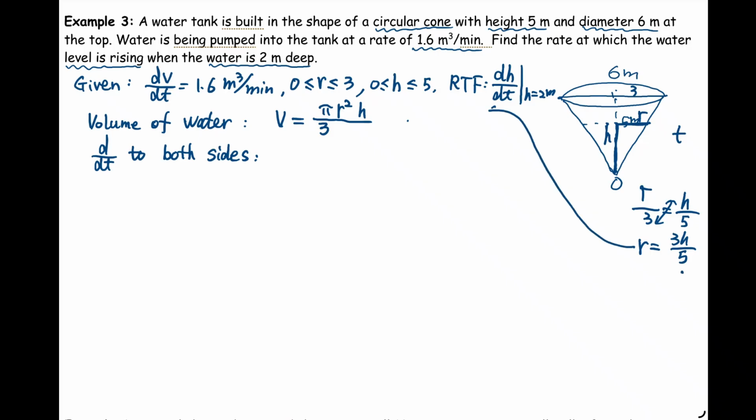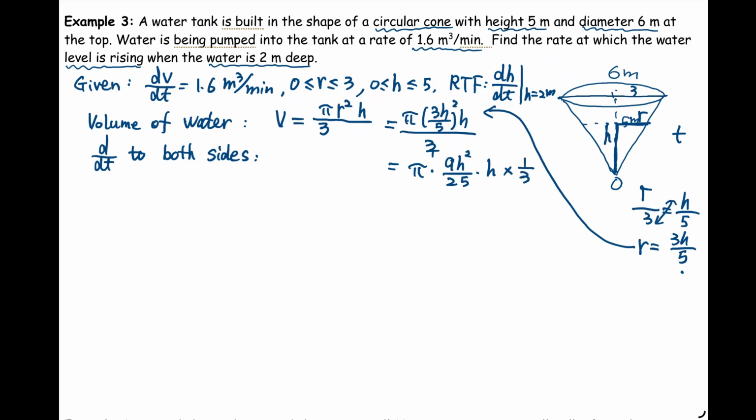So we are going to sub R here, we are going to have pi times (3h over 5) squared, times h, over 3. So we have pi times 9h squared over 25 times h, then times 1/3.